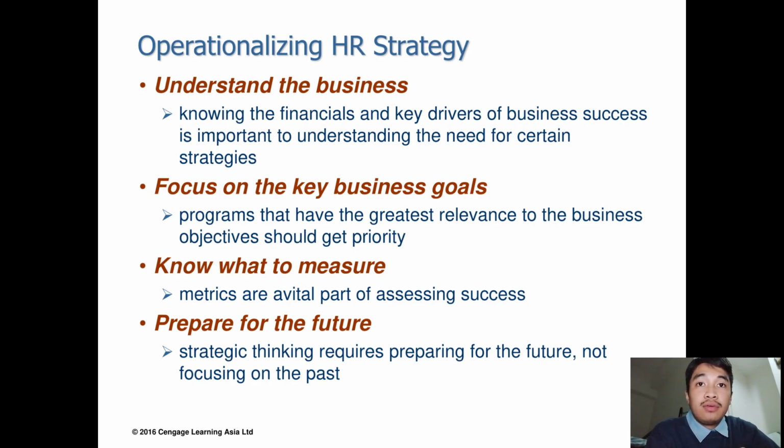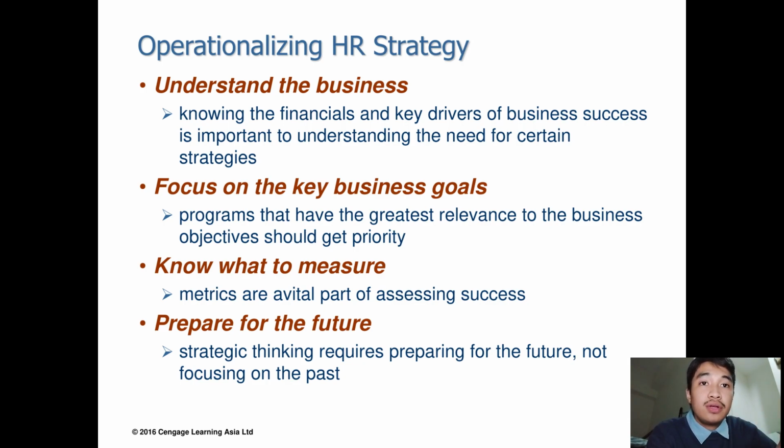And here we have understand the business, and knowing the financials and the key drivers of business success is important to understanding the need for certain strategies. And focus on the key business goals, the programs that have the greatest relevance to the business objectives should get priority, and know what to measure. Metrics are a vital part of assessing success.